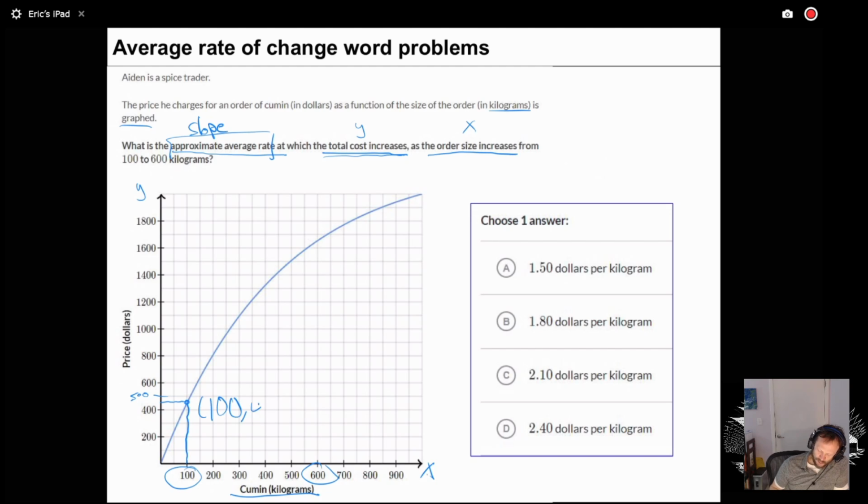An estimate is appropriate because it does say right here the approximate average rate. And over here at 600, we're at about halfway between 1600 and 1700, or maybe 1650.